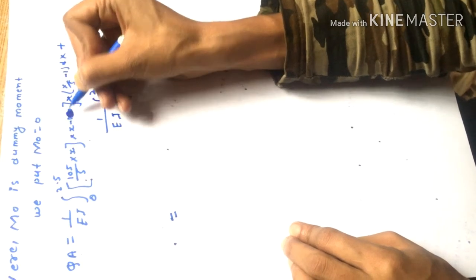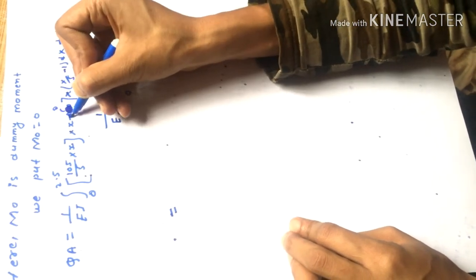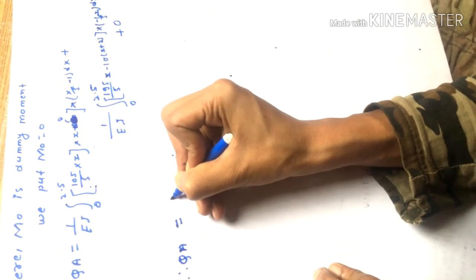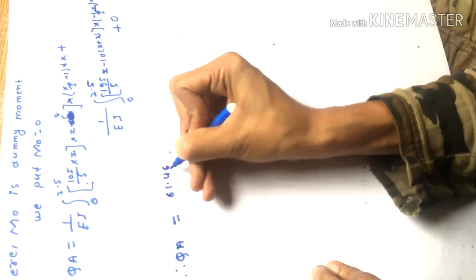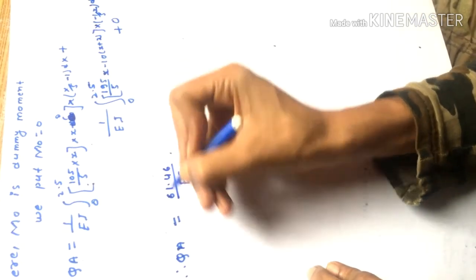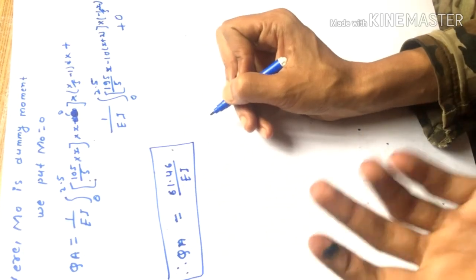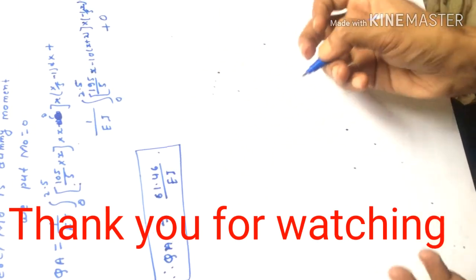Here m naught is 0. So on calculating, finally we get theta A equal to 61.46 divided by EI. You can also calculate this using a calculator or manually applying the simple rule of integration.